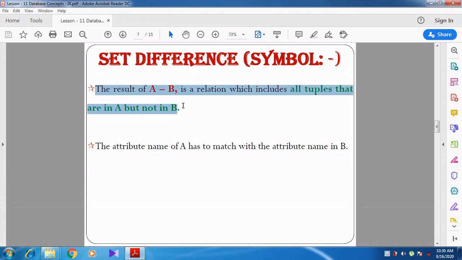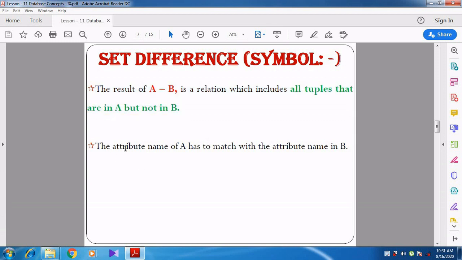The result A minus B is a relation which includes all the tuples that are in A but not in B. So the tuples that are in A will be displayed, but those tuples should not be in B. You might have studied this in 10th standard as a difference or set difference, in the Venn diagram chapter or the set language chapter.